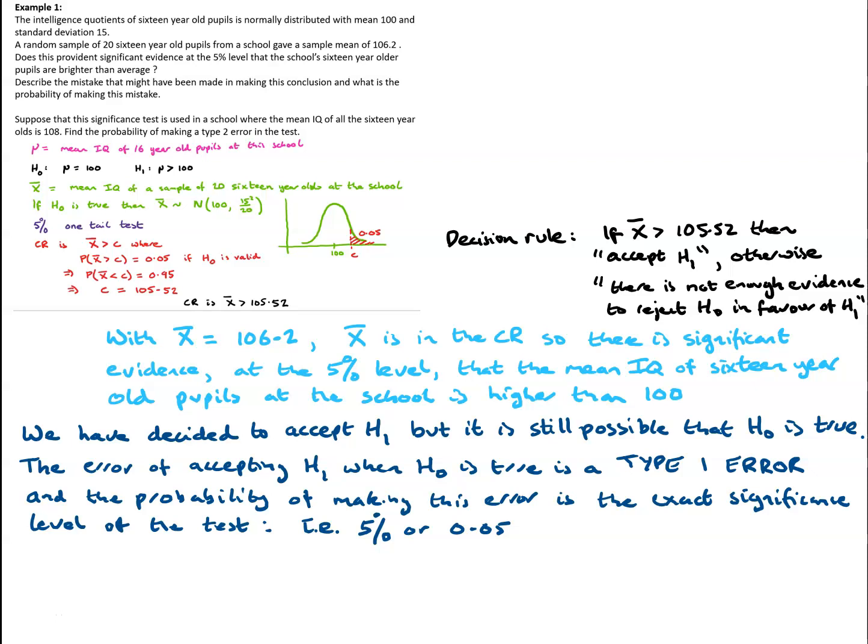So it is possible that we have accepted the alternative hypothesis when the null hypothesis is true, and that is a type 1 error. And the probability of making this error is the significance level of the test, which in this case is 5%, or as a probability 0.05.